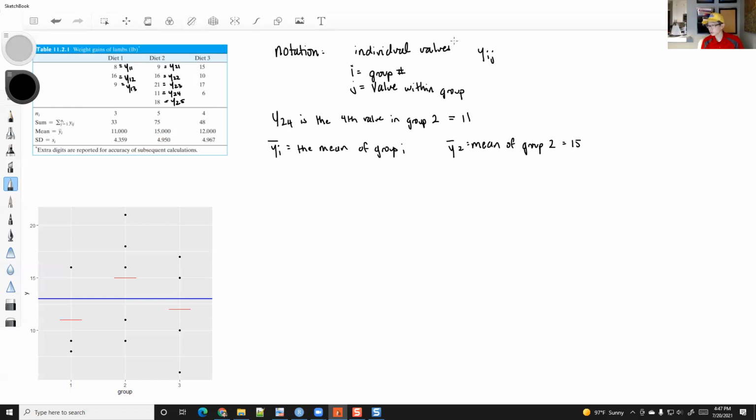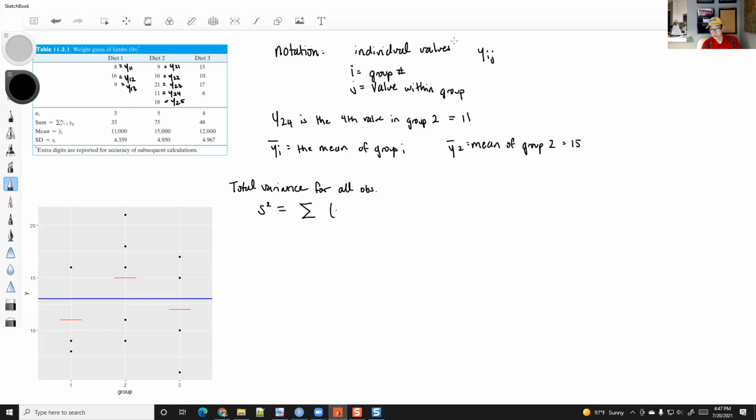Okay, and so if we talk about the total variance, the total variance for all observations, this is the S squared value for all observations.